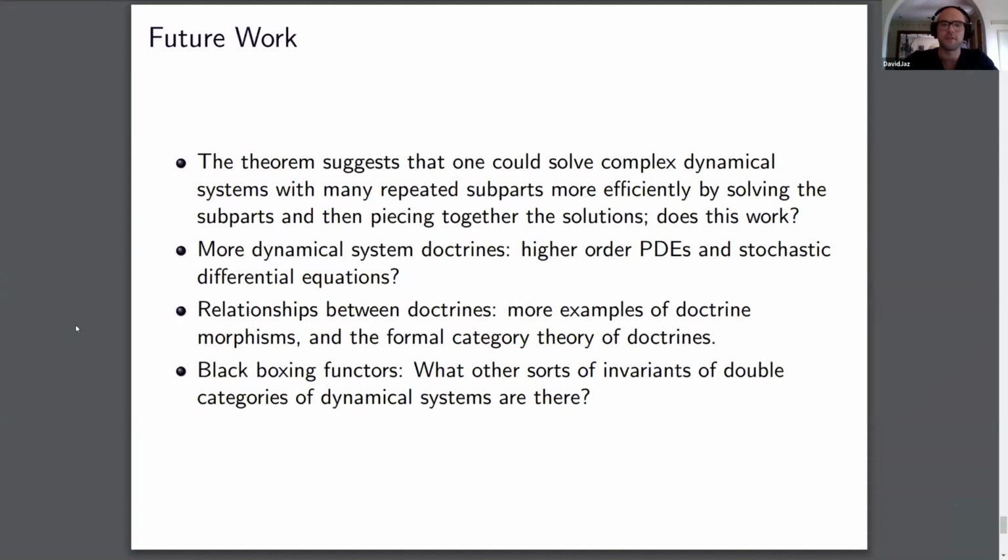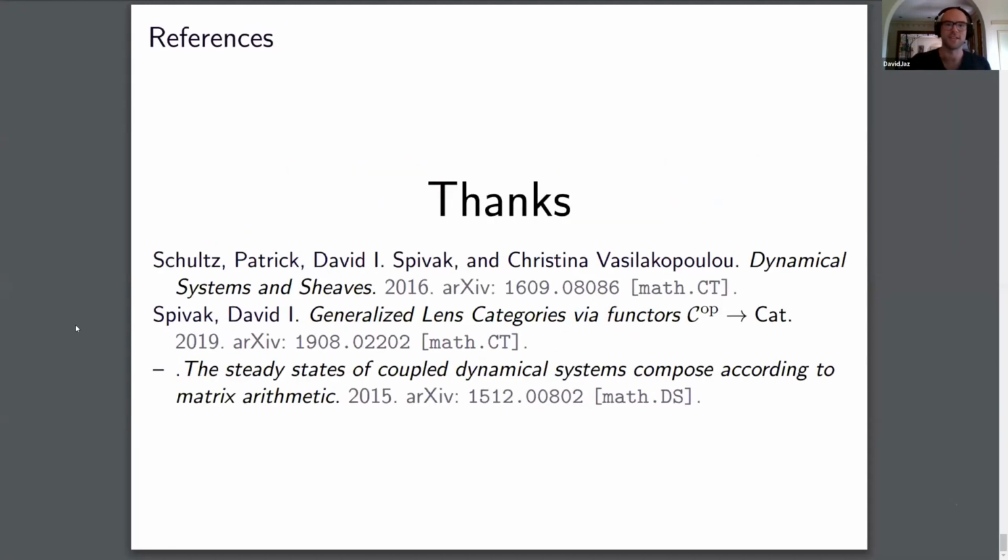And black boxing functors. So I think indexed double categories, or generally monoidal indexed double categories, are a great setting for these kind of systems in general. And I would love to see more invariance of dynamical systems into other sorts, the kind of theorems we've seen across the literature so far.